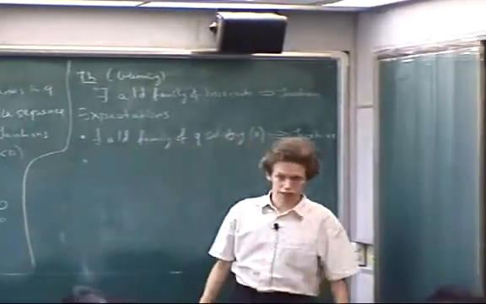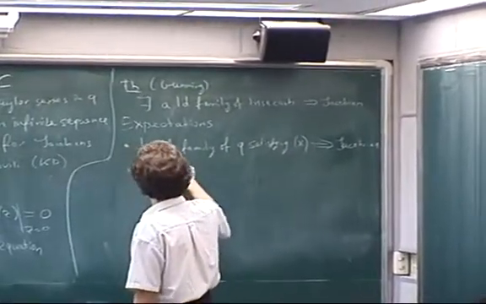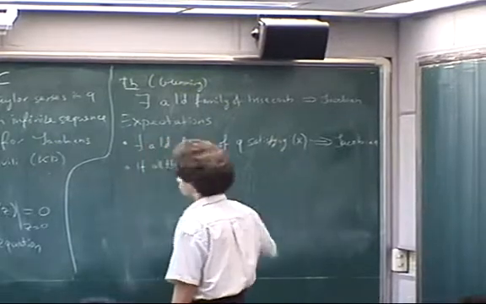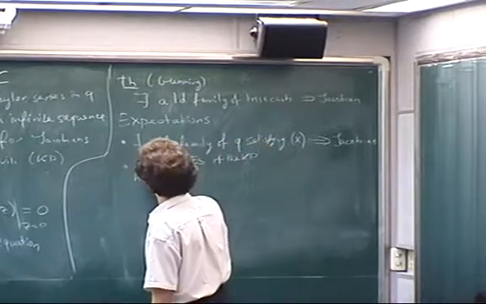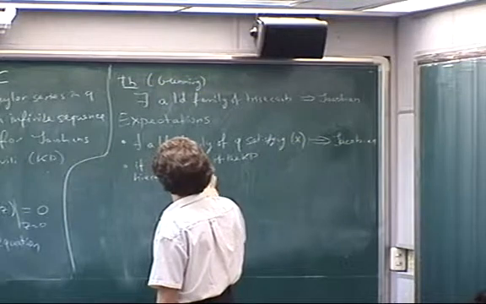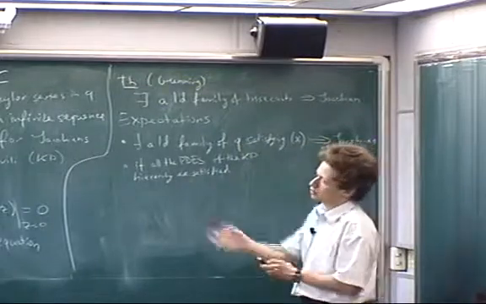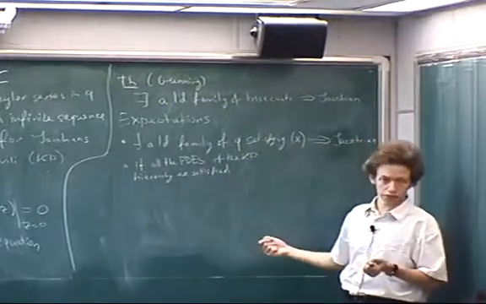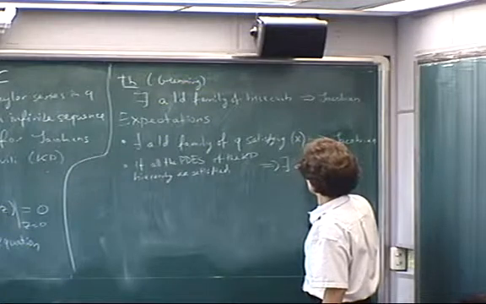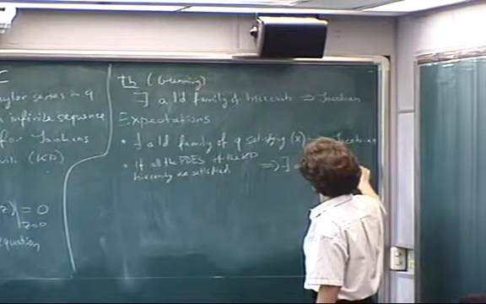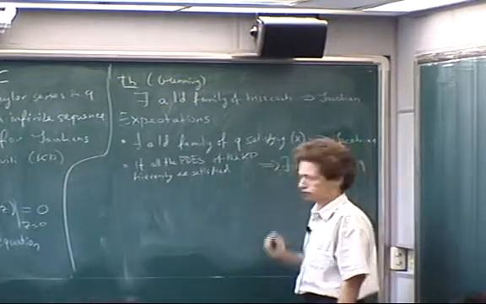The second expectation is that if all the PDEs of the KP hierarchy are satisfied, then this means that the equation star is true to any order in the Taylor expansion. So we expect that this would mean there exists a one-dimensional family of Q, and then it will be a Jacobian. Okay. This is not so hard.